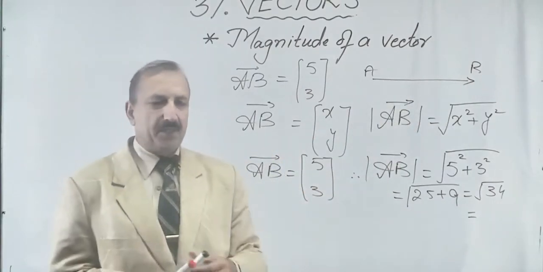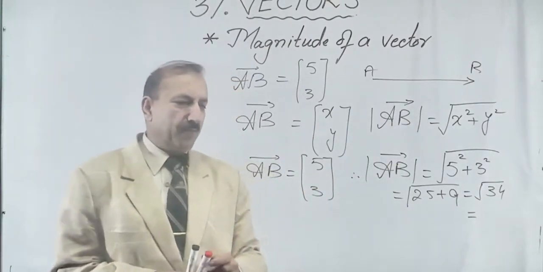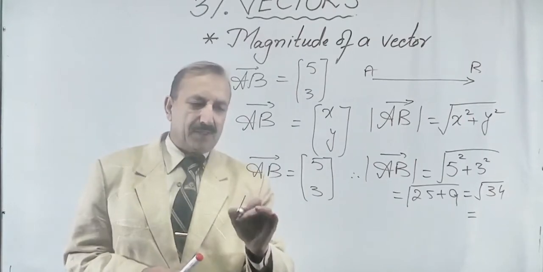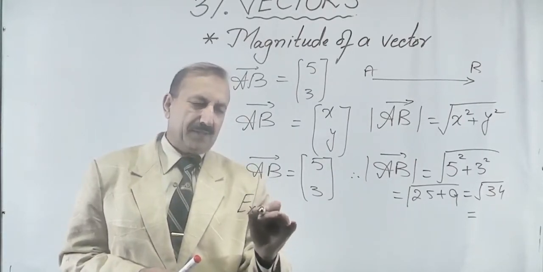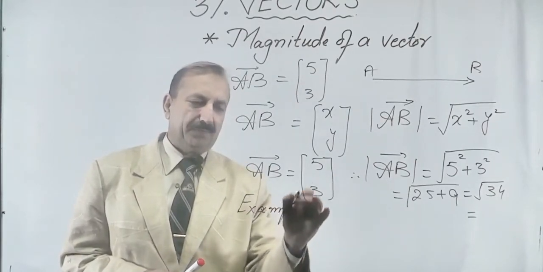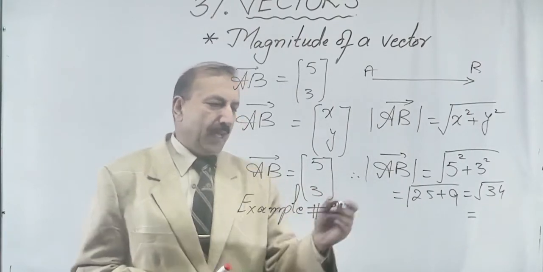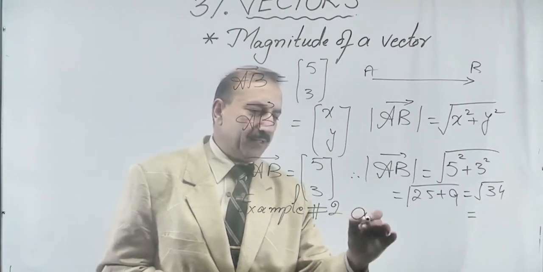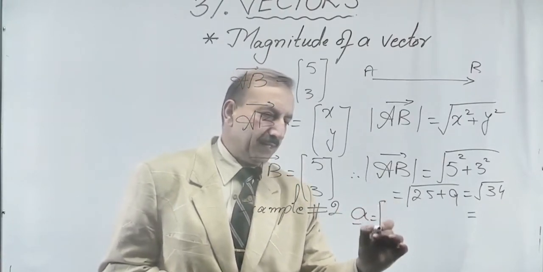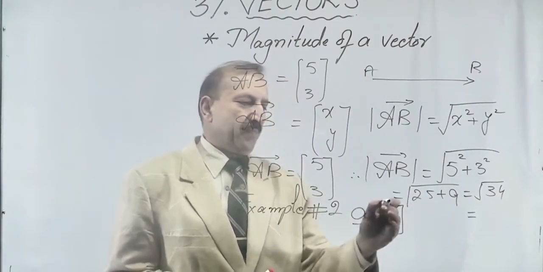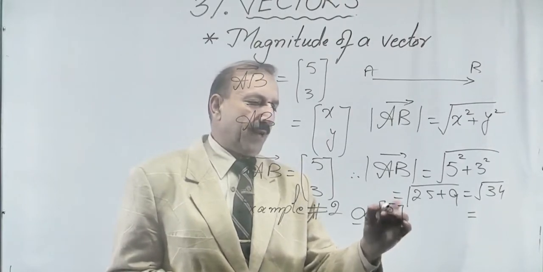Similarly, we can have many examples. Let's consider one more example. This is example number 2. A vector A is given and the vector is 5 and 12.